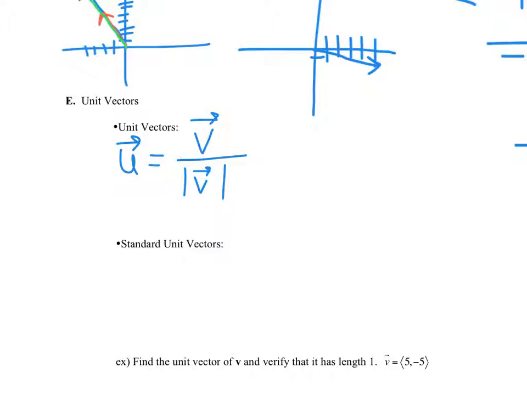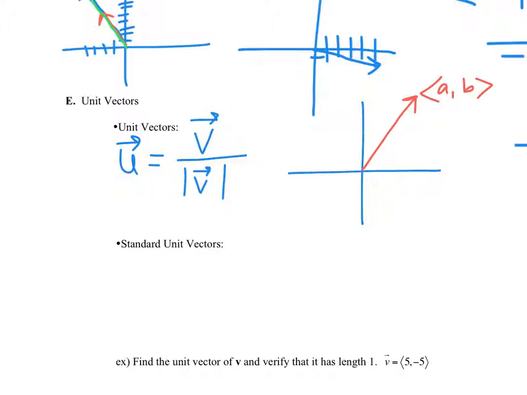Let's say we have a vector v, and I want to find vector v's unit vector. This is in component form, like let's say it's a, b.